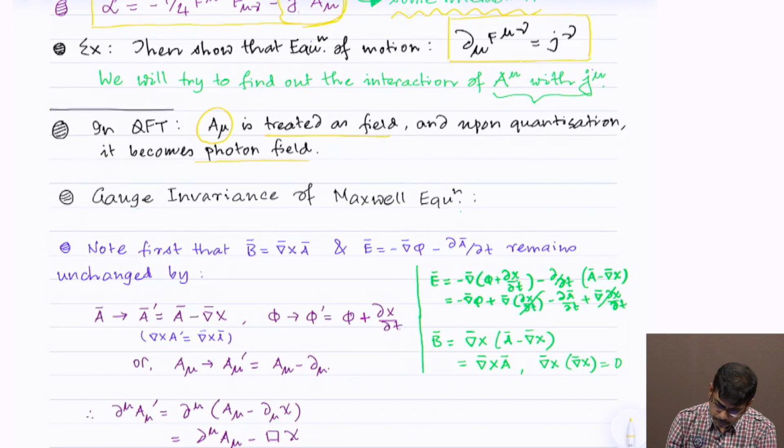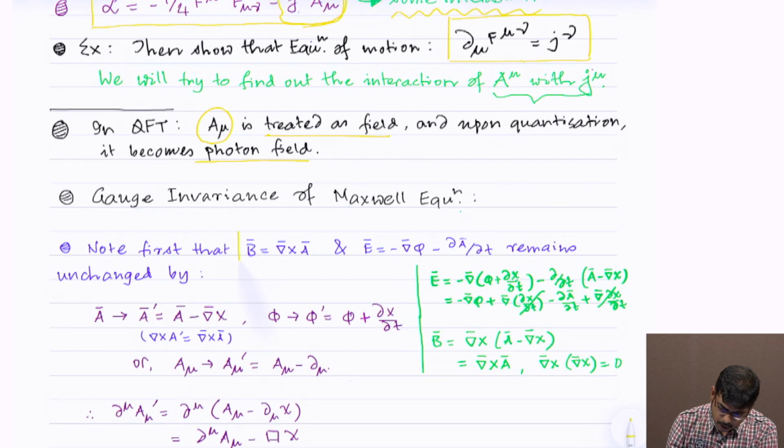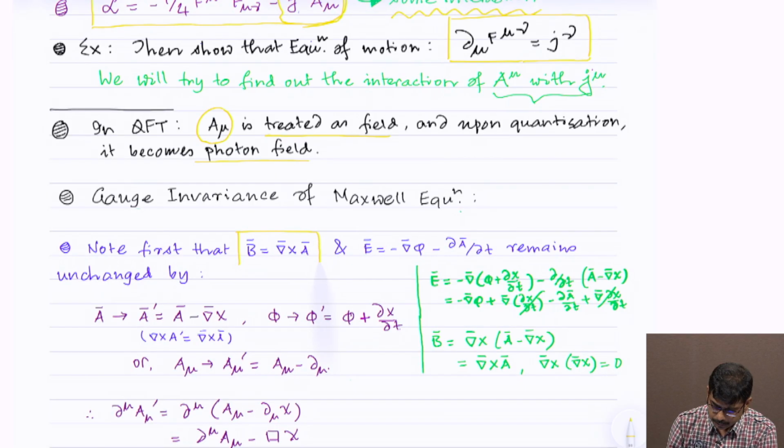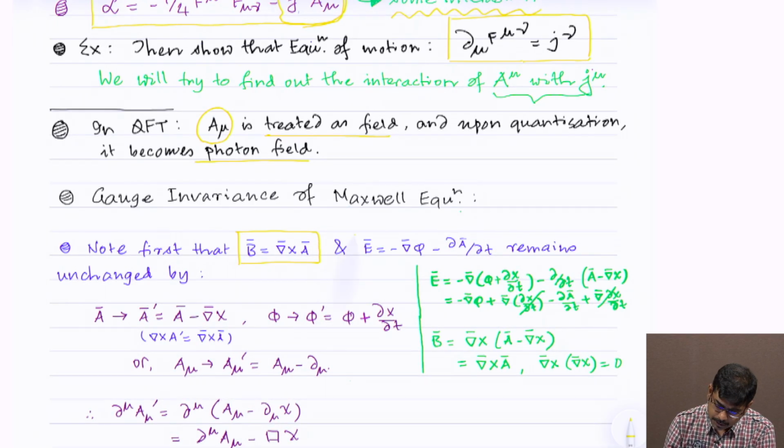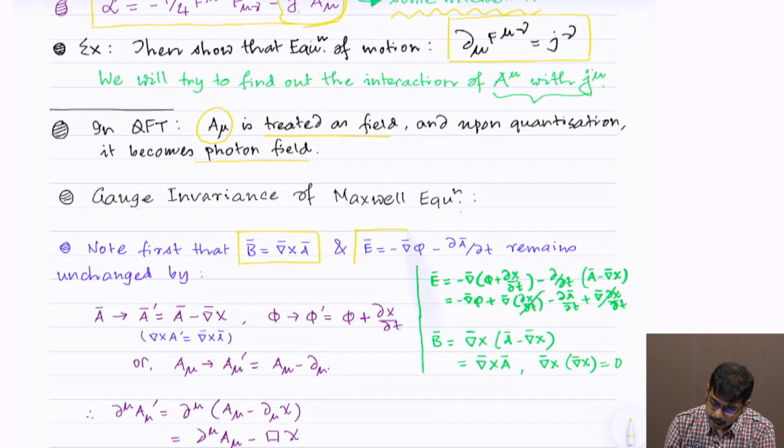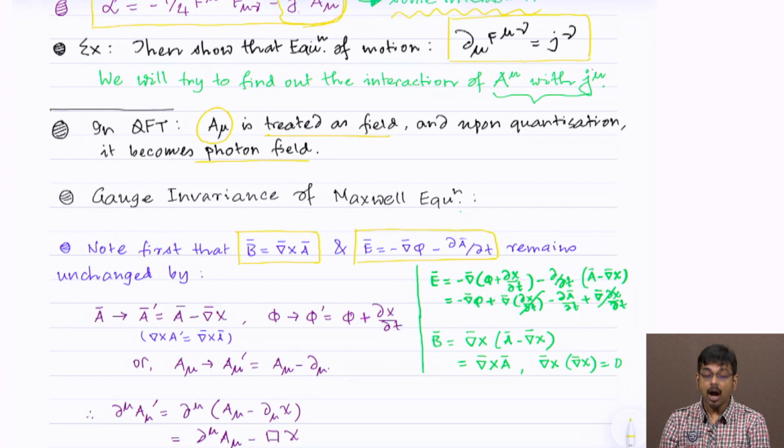Remember that we have two important equations: B = curl of A, and E = minus gradient of phi minus ∂A/∂t. We could write these in this way just because they satisfy Maxwell's equations.